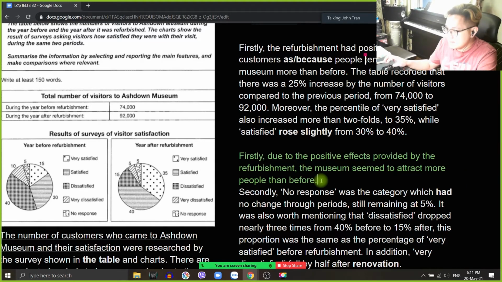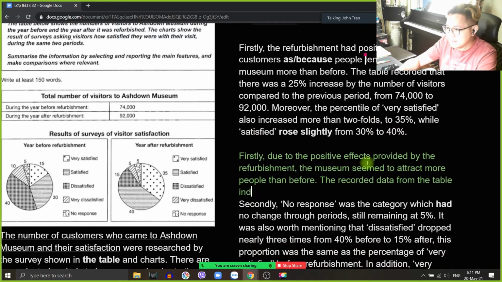Okay, and the next sentence, the table recorded that, let's just say, the recorded data from the table indicated a 25% rise. Những thông tin được ghi nhận từ cái bảng chỉ định một cái sự gia tăng 25%.